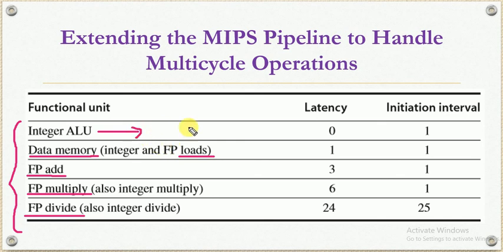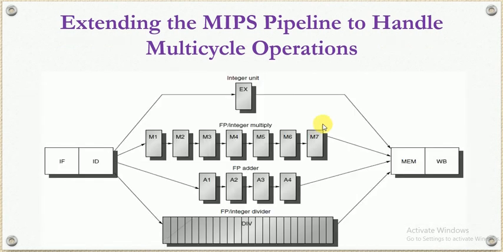Now you can see the latency of the integer ALU is 0 and the initiation interval is 1. First of all, what is the initiation interval? If the same instruction is given once again, how long will it take to start the second instruction?